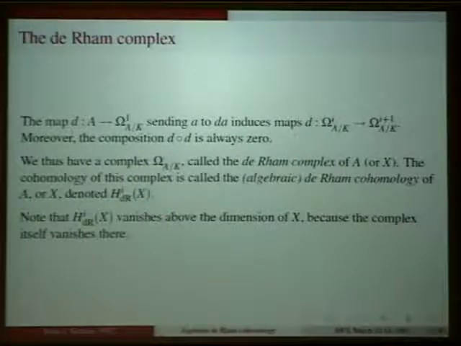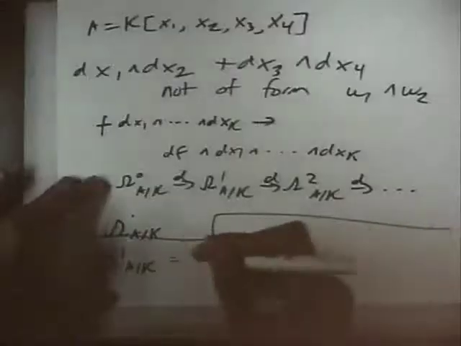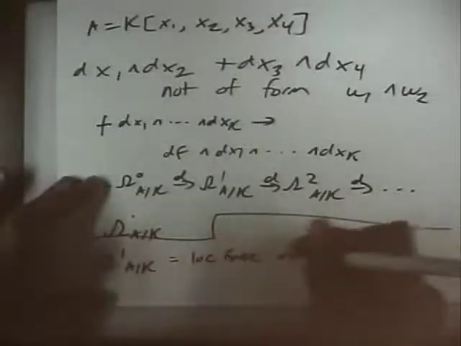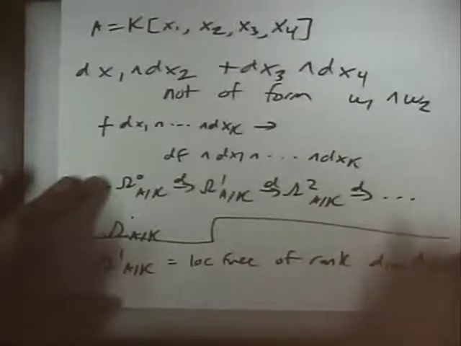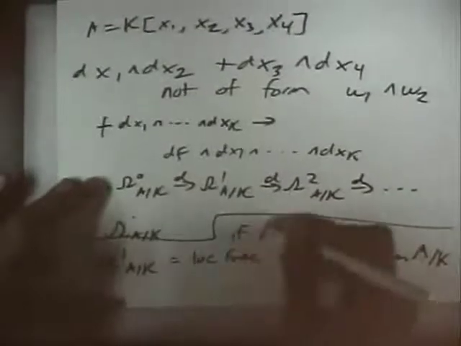Notice that nothing happens above the dimension of X. This module omega 1 of A over K, I should have said this before, is locally free of rank the dimension of A over K, if A is smooth.